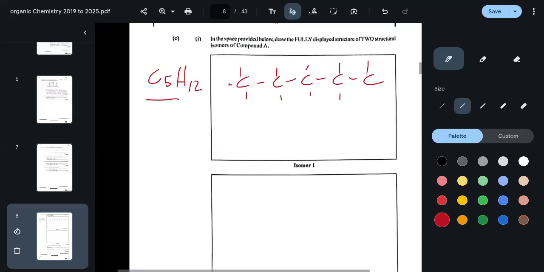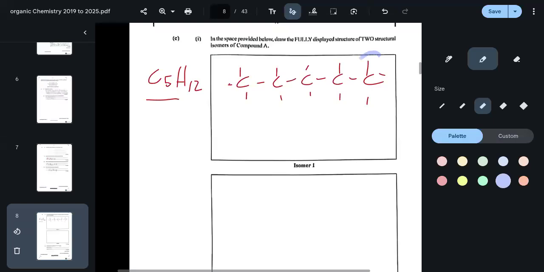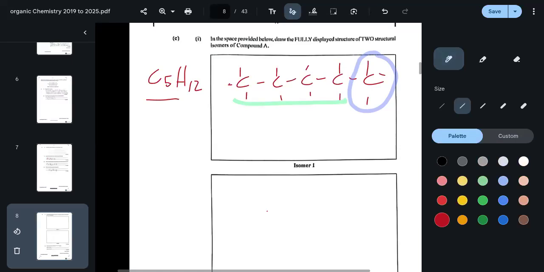All right. And then for the second isomer now, all you have to do is remove this carbon at the end. So if I take off this carbon, it means that we have 4 carbons remaining in the chain. So for my new isomer, I'm going to draw 1, 2, 3, 4 carbons.